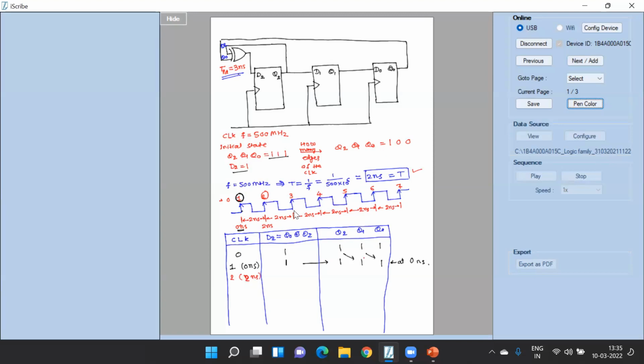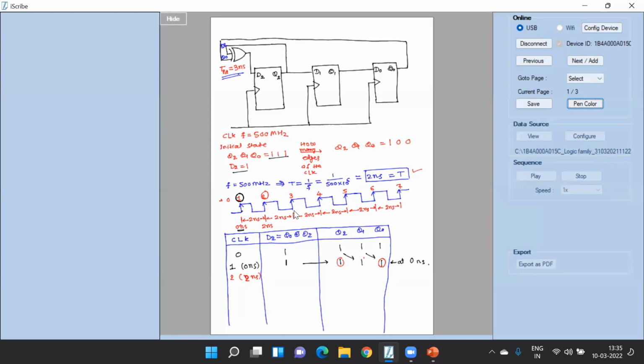here you can see my D2 equals Q0 XOR Q2. So actually my XOR becomes 0 because it's an inequality detector. So when both the inputs to XOR are the same, the output of the XOR becomes 0. However, the propagation delay for the XOR gate is 3 nanoseconds.